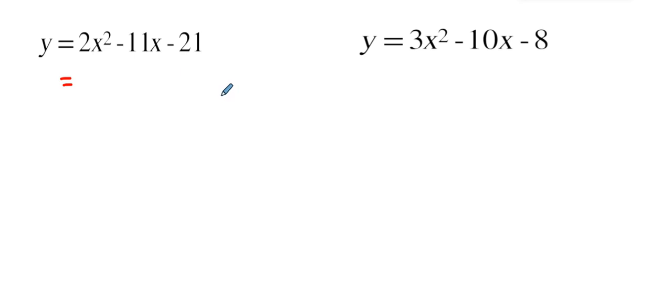Instead, we look at taking the product of the 2 and the 21. So we're going to do 2 times negative 21, and that's going to give us negative 42. Now what we're trying to do is get numbers that will multiply to negative 42 and that will add to the negative 11.